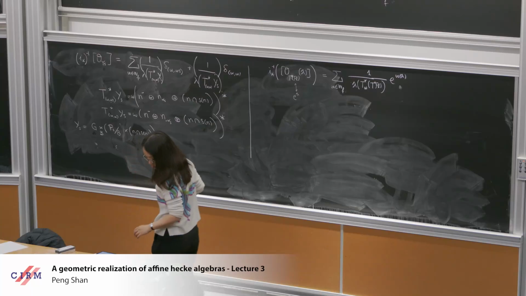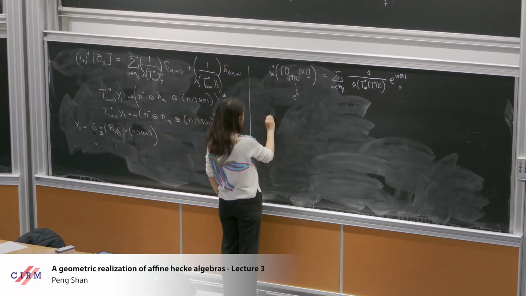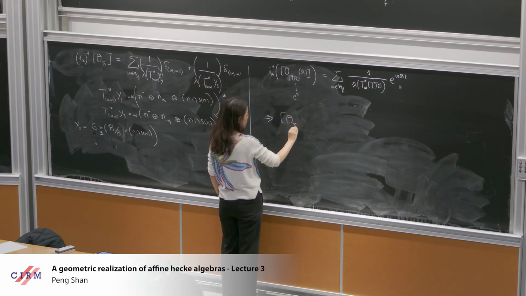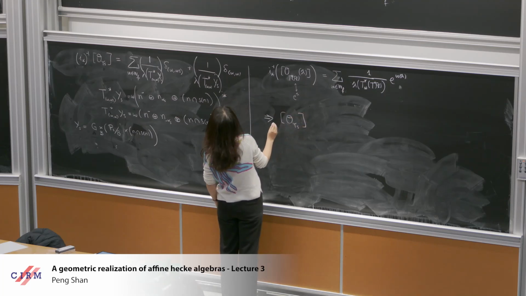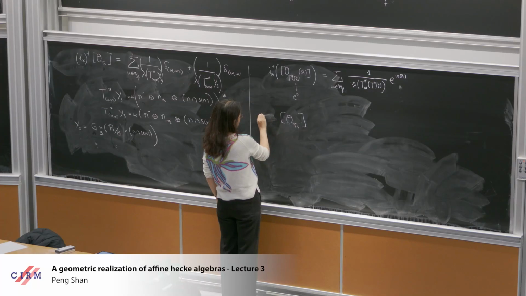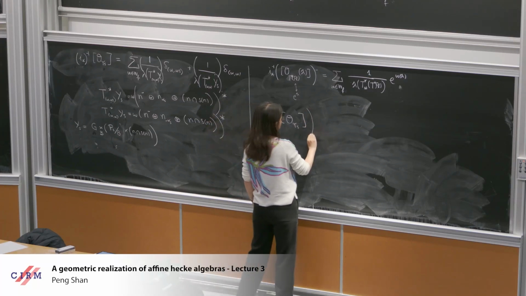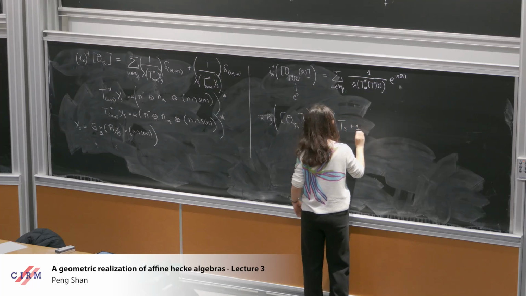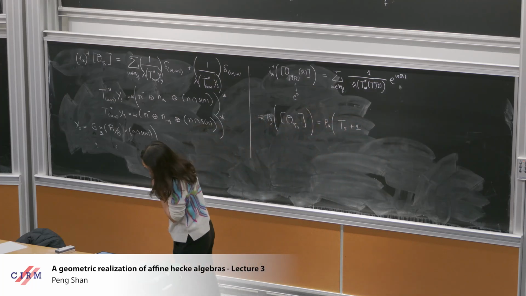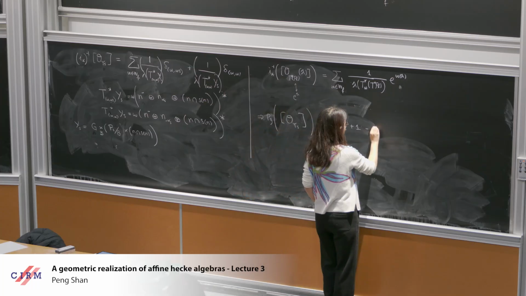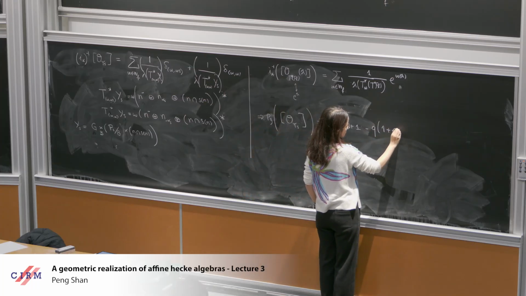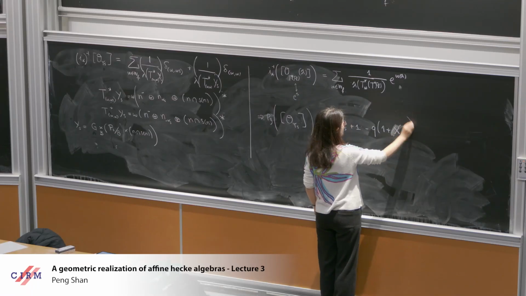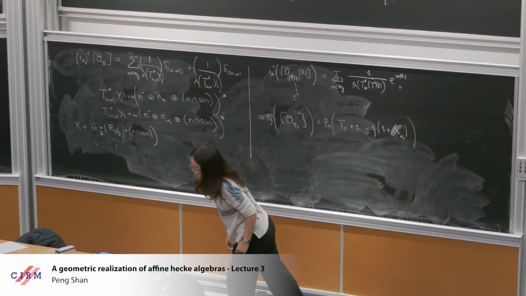If you carry it out, you will get that at the end, the action of this O of Y_S, so rho_G of this class, is equal to rho_A of T_S plus 1 minus q times 1 plus e to the power of minus x_alpha_S, something like this, or minus affine.